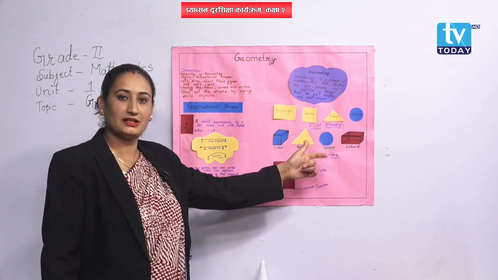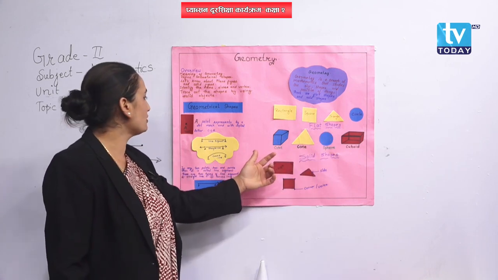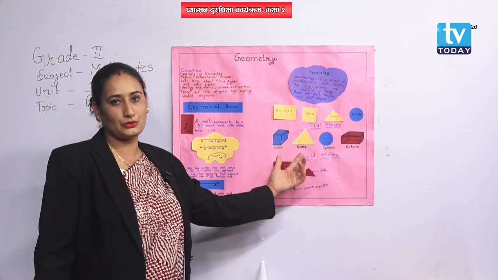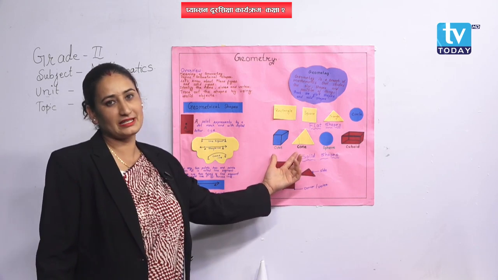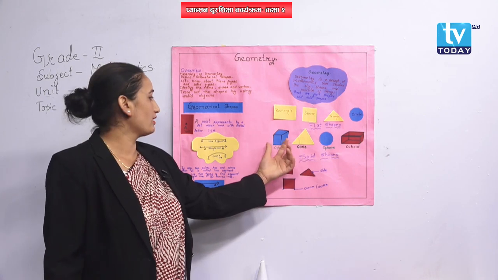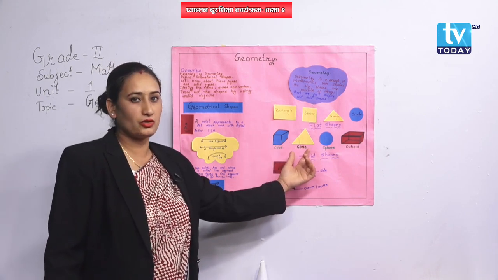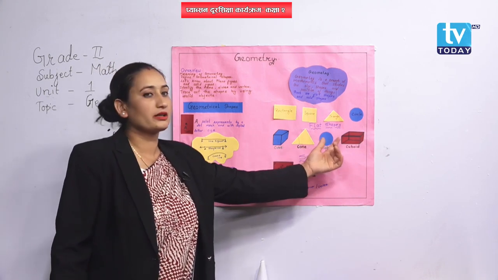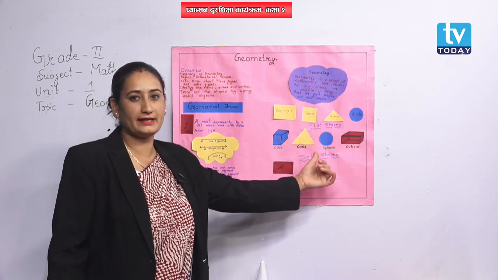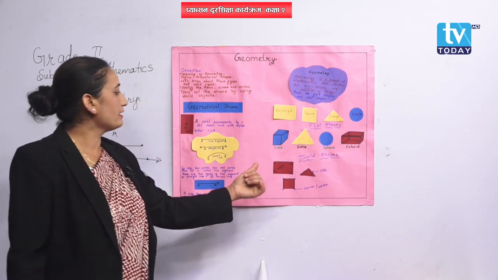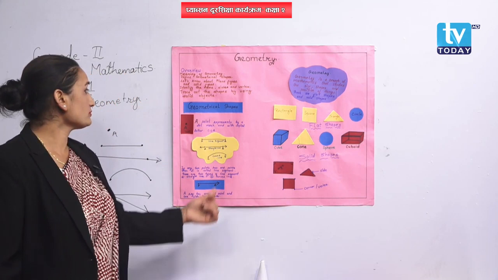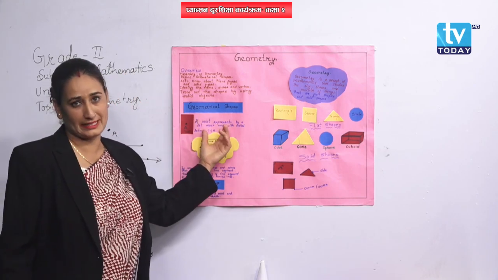Then we did solid shapes. In solid shapes, what have we done? Cube, cone, sphere, cuboid, right? Good job. Then we moved to the geometrical shapes.